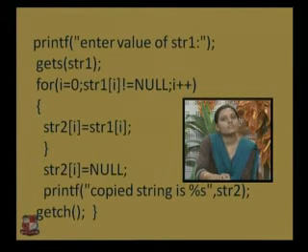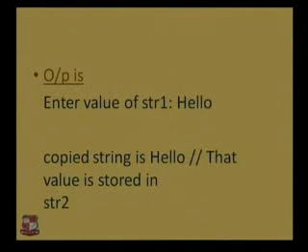At last you put the null value. The value of str1 is not changed, but the str2 value is the copied value from str1, and you can see that it is hello, the copied string from str1 to str2.